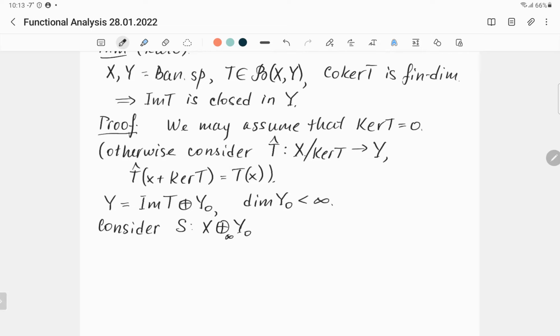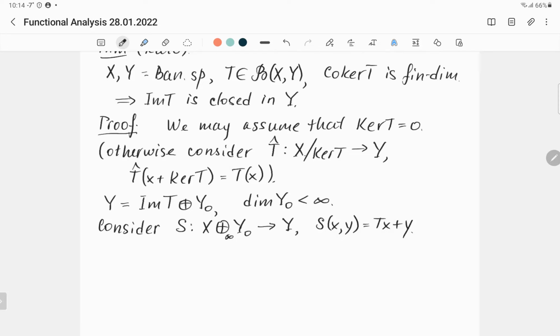So let's recall that the L infinity sum is just the direct sum of X and Y0, and the norm of a pair in this space is defined to be the maximum of the norms of the components. So S acts from the L infinity sum to Y by the following simple formula. It takes (x, y) to Tx plus y.